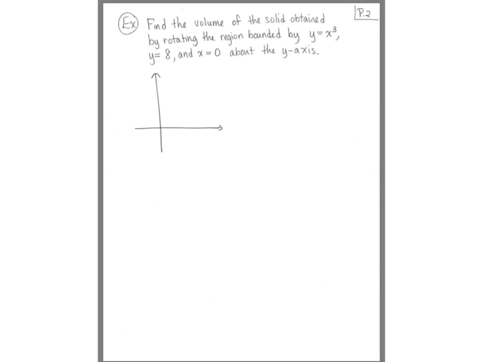Now, an example. We're going to find the volume of the solid obtained by rotating the region bounded by y equals x cubed, y equals 8, and x equals 0 about the y-axis. So we have y equals x cubed, y equals 8, and x equals 0, so that's the y-axis.